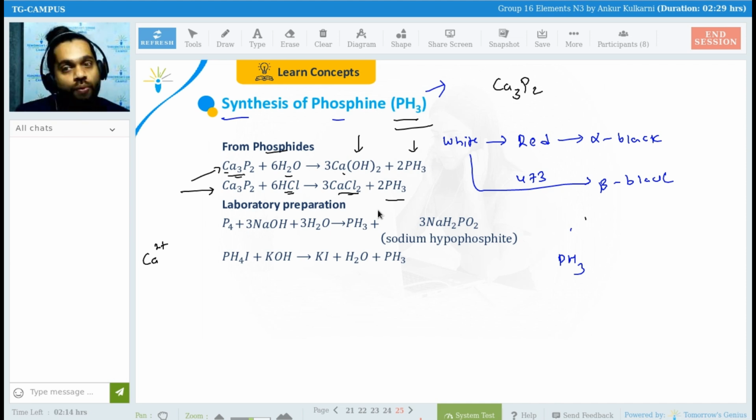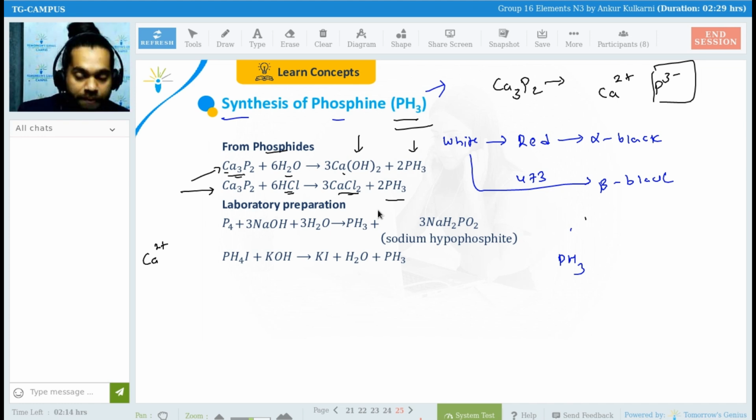Oxidation state means charge. What will be the charge on phosphorus? It is an ionic molecule, no? So calcium is 2 plus, phosphorus is 3 minus. So phosphorus is in the -3 oxidation state.